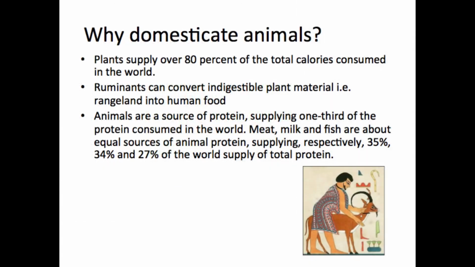And why did we ever domesticate animals in the first place? Well, this planet produces a tremendous amount of organic material that we cannot consume. Cellulose is the most common organic molecule on the planet. And we humans, we cannot eat and digest and get anything out of cellulose.